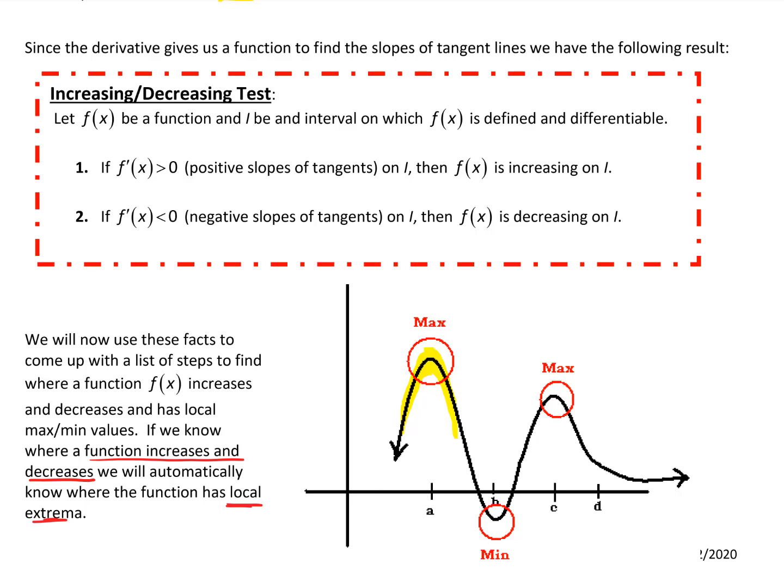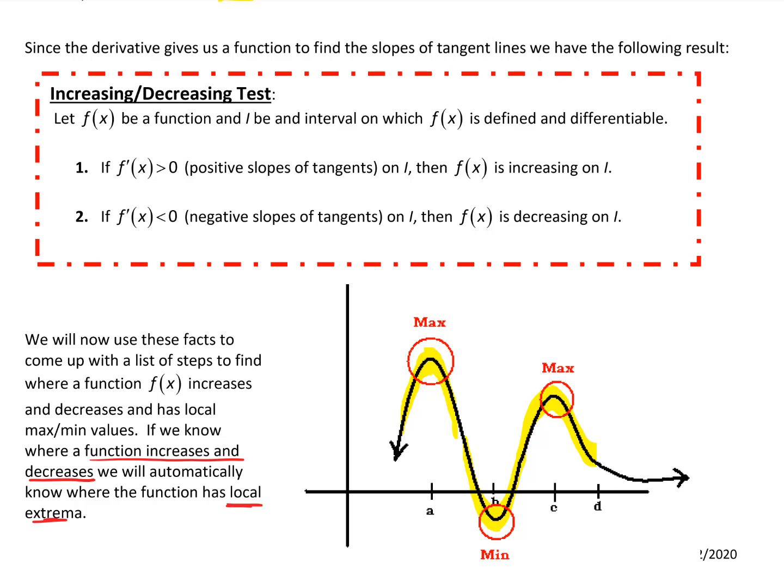And if the opposite order happened, if we knew that a function was decreasing until it got to B, and then at B it had a horizontal tangent line, and then it started to increase, we would know that that's a min. And similar at C, if it was increasing, hit a horizontal tangent line, and then started to decrease, we would automatically know that that must be a max.